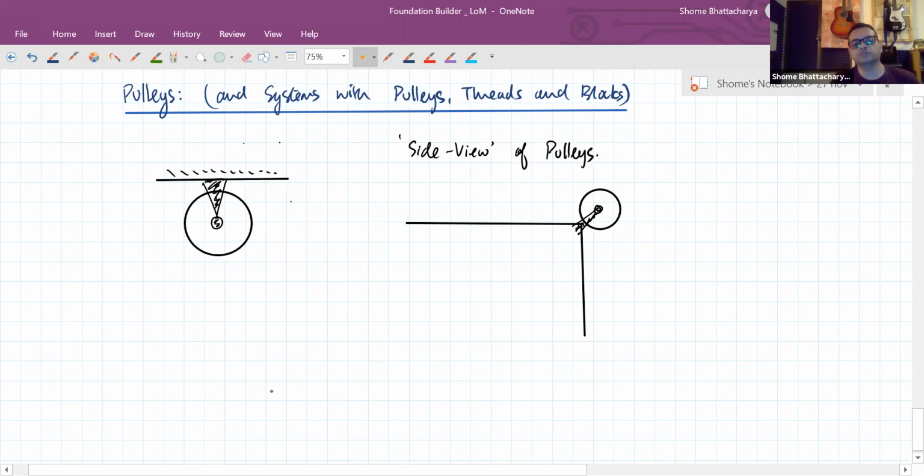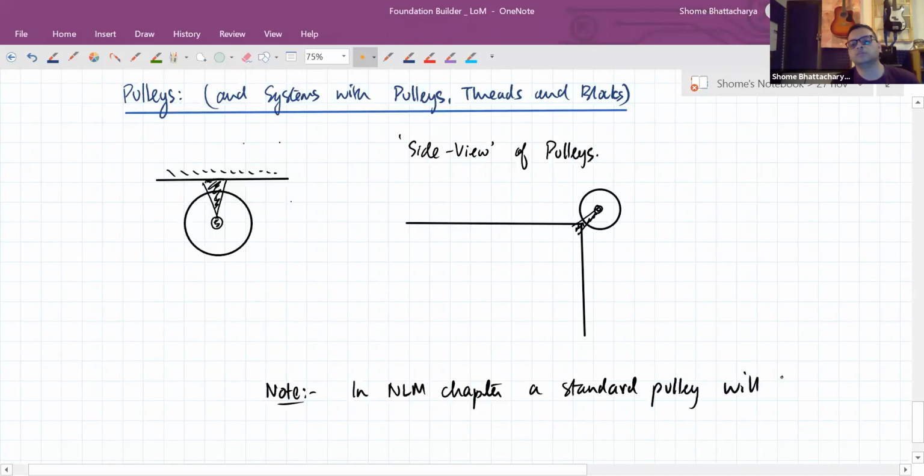Now the first thing we have to understand is that in the Newton's laws of motion chapter, a standard pulley will be such that it has a smooth surface.